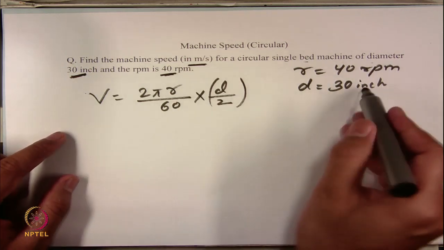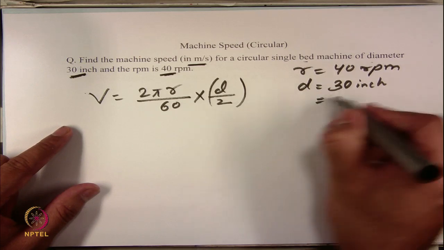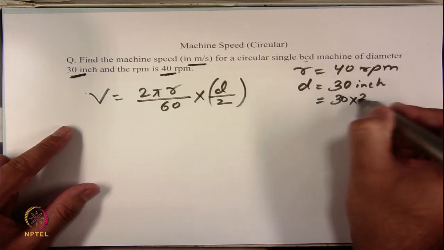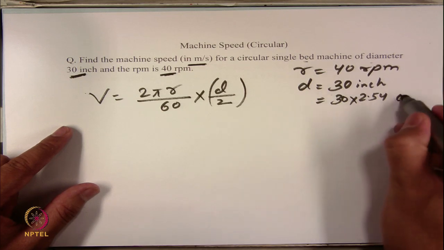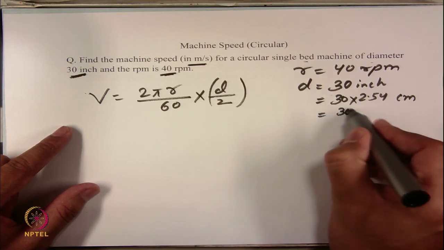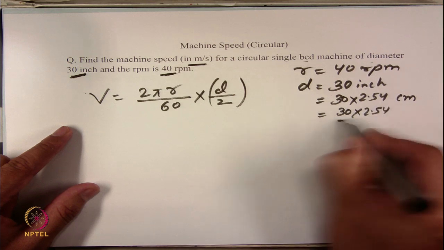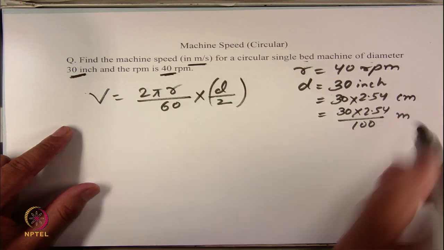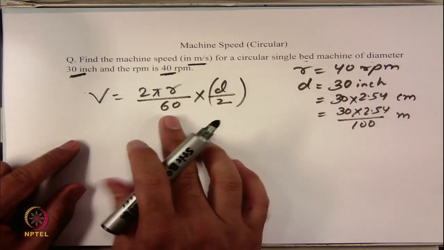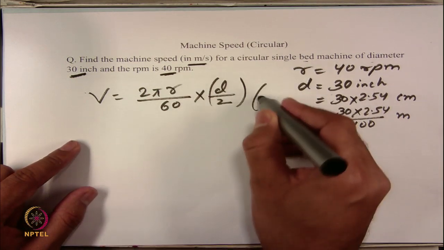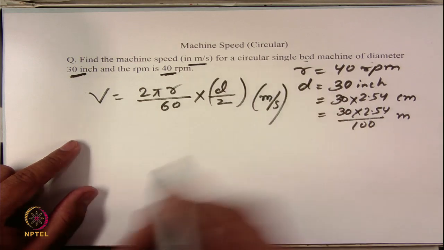Okay. So, you can convert inch into meter. So, 30 into 2.54, this is in centimeter, divided by 100 into meter. So, this is the D. So, you can simply put everything here and then you will get meter per second.